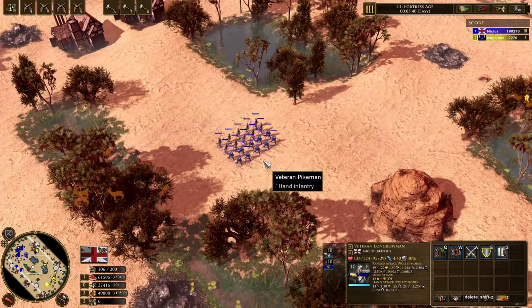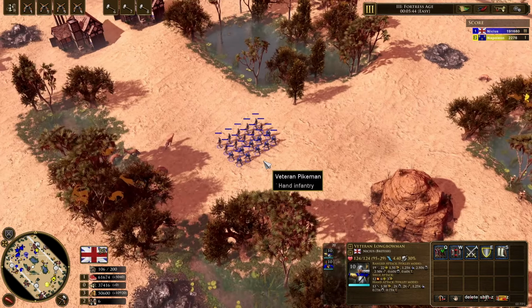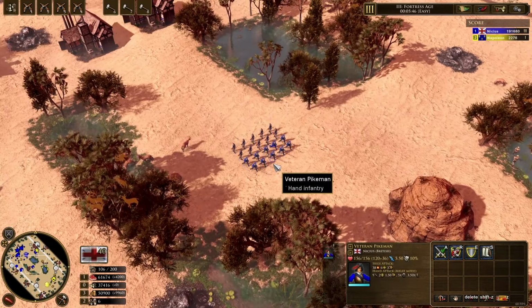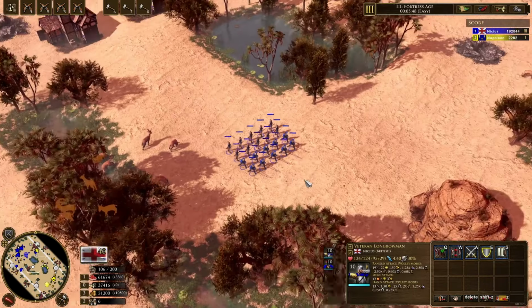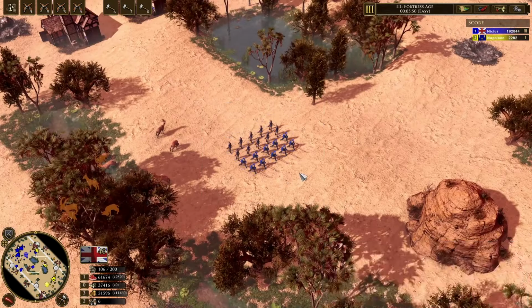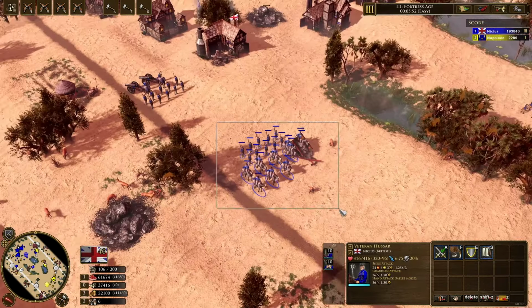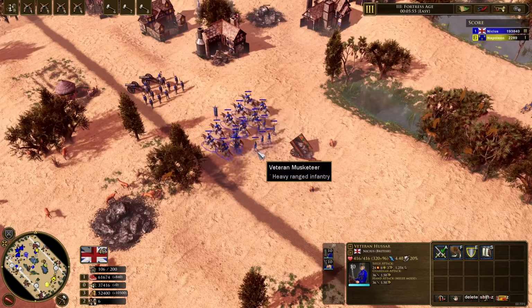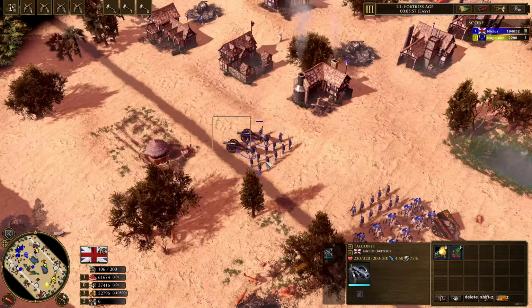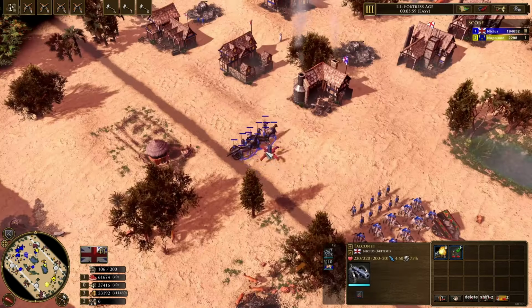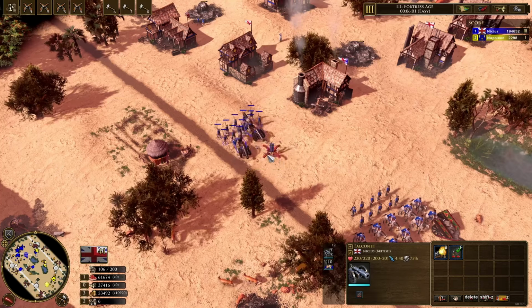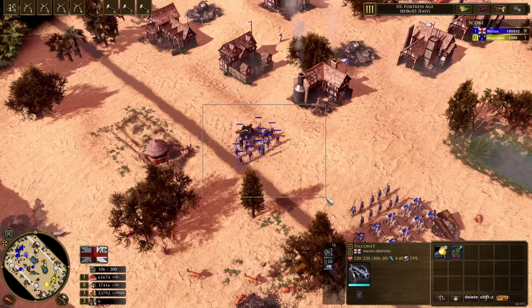In terms of composition, there are most of the time 4 compositions that you are going to face. First is the Bow Pike composition. Second, we have the Musk Husk composition. Third, we have the most Spanish-ish composition, which is Musk Falk.